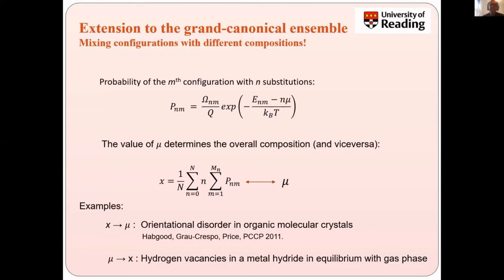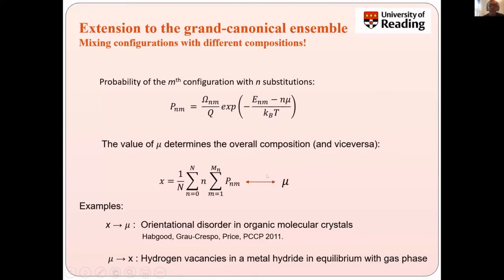So the idea here is, can we mix configurations with different compositions? You can calculate the probability using, instead of the energy, the energy minus n times the chemical potential, where n is the number of substitutions, and mu is the difference in chemical potentials between the two species that you are replacing.